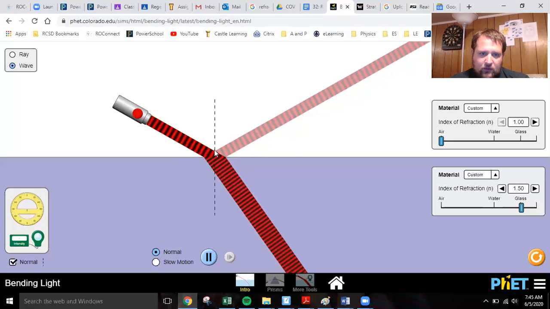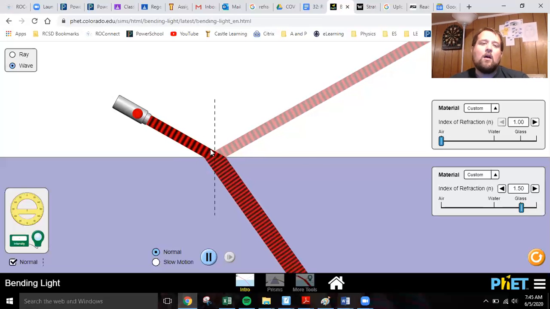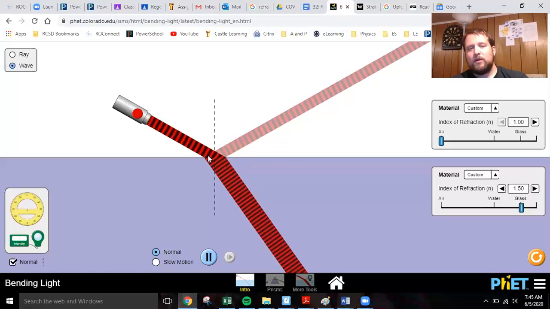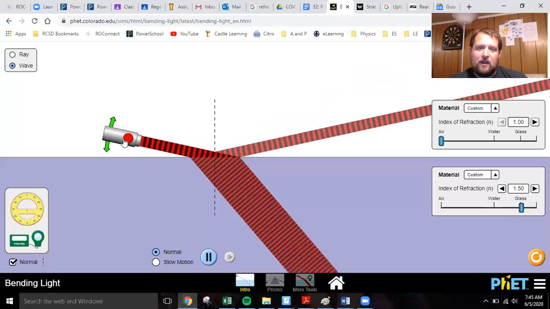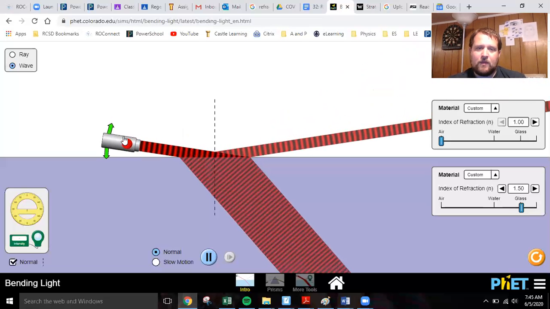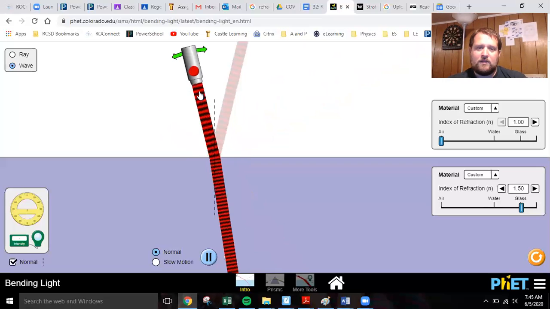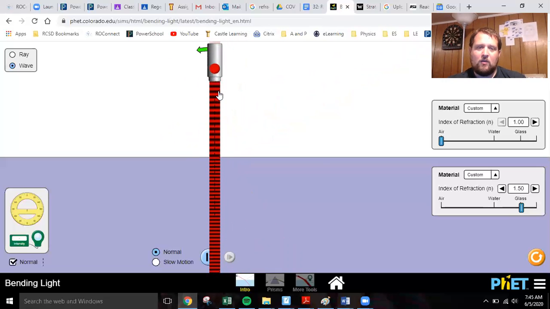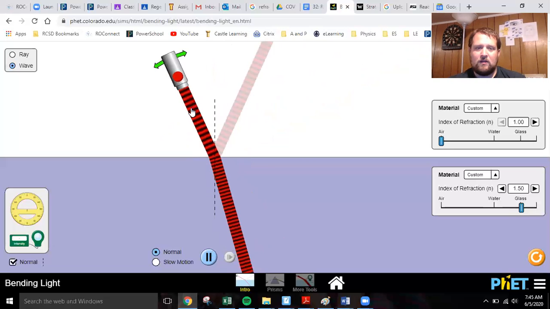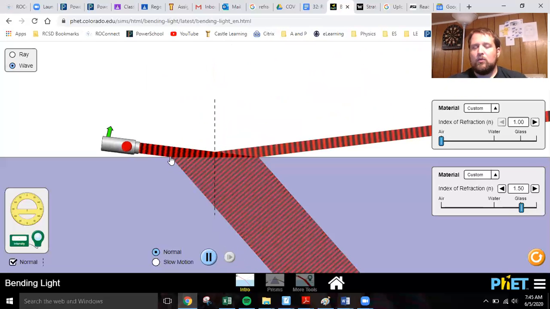And the rest of the wave continues to go fast. So you see this weird warping of the wave. And then once the rest of it gets into the material, it's back to a normal straight line. But right here, where one is slow and one is fast, you get this warp, this bend. And it gets more pronounced the more the angle changes. So we get less warping when we are hitting it almost directly. And the more we angle it, the more warping happens, the more that it bends.